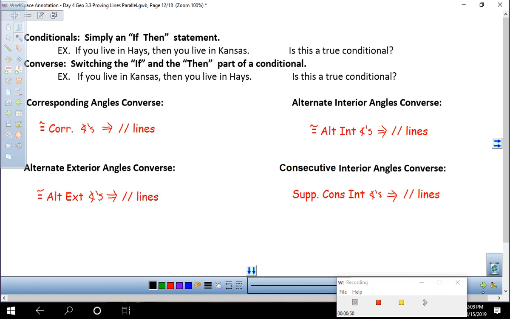And then lastly, supplementary consecutive interior angles will give me parallel lines. So this was the one that was different last time as well. The other 3 were congruent. This one was supplementary. So take a second, make sure you've got those written down, and then we will move on to some example problems.